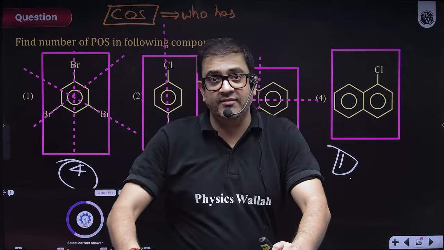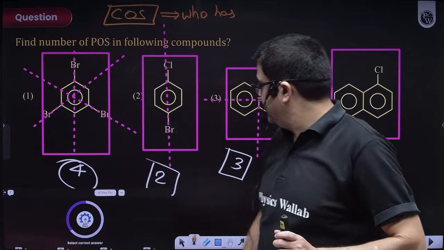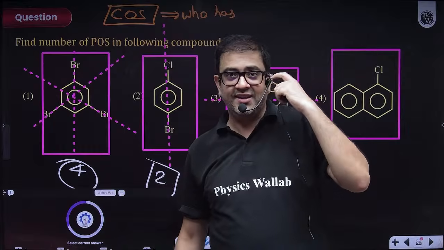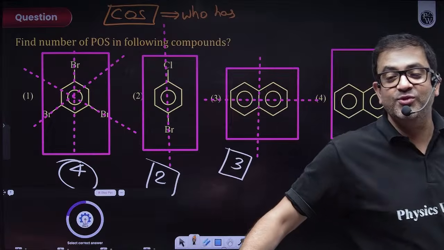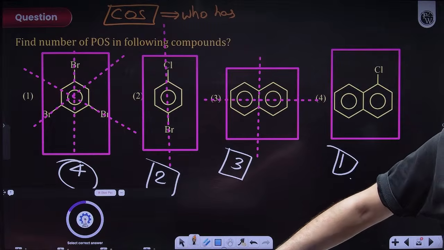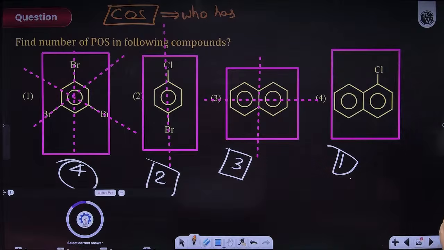Krupa is saying none. Obviously, I'm waiting because I gave just 30 seconds. Let me move so that you can see. Who among them has center of symmetry?